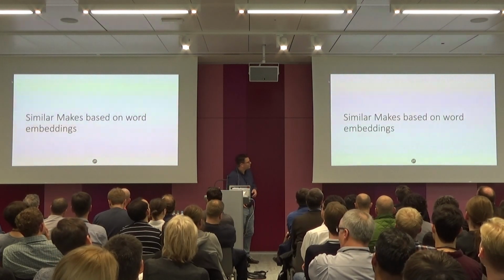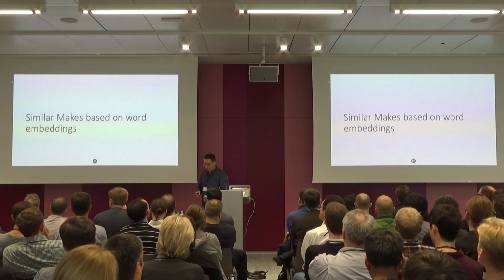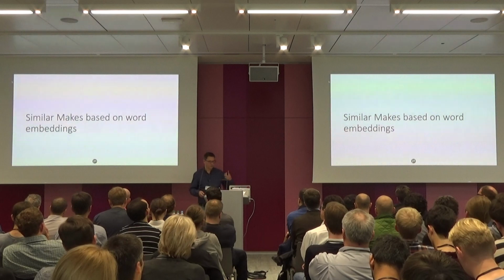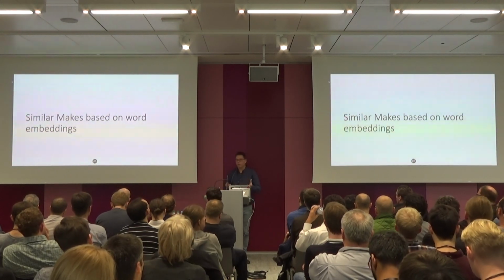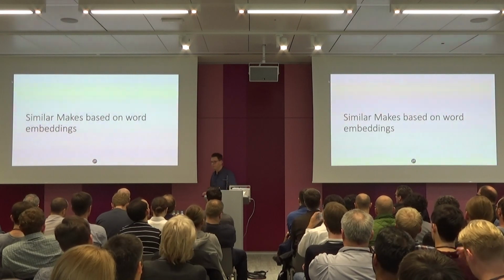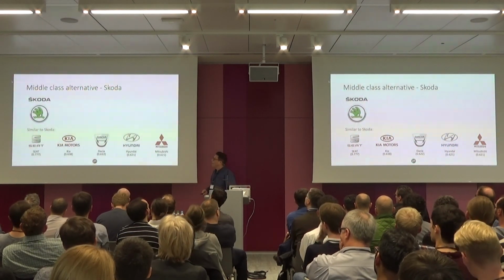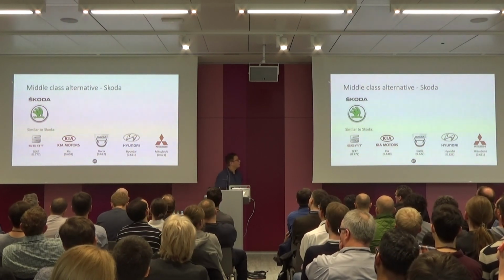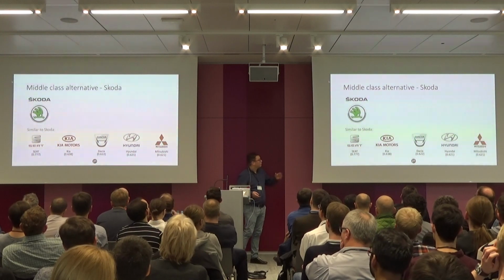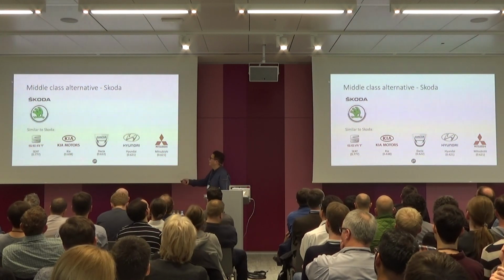And then I looked, okay, now I have this, did some experiments, and now I want to really look at the results. So how good are the predictions of the similarity of makes? And here are some findings. When I look at Skoda, which is some middle-class alternative in Germany, then similar to Skoda would be Seat, which is very nice because this is also the Volkswagen concern.